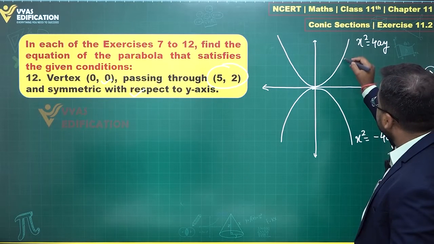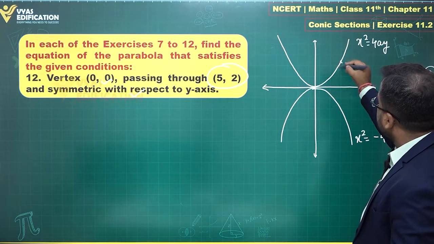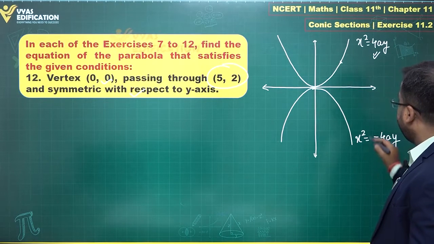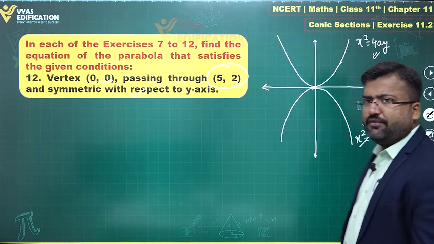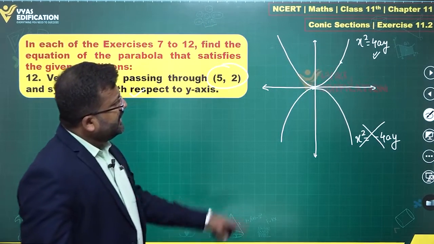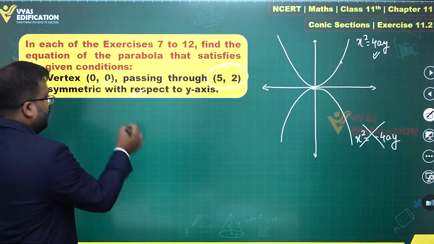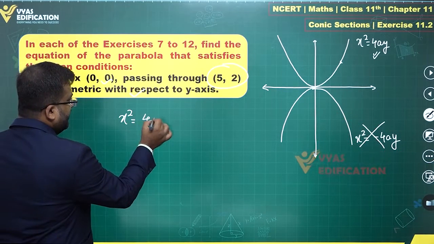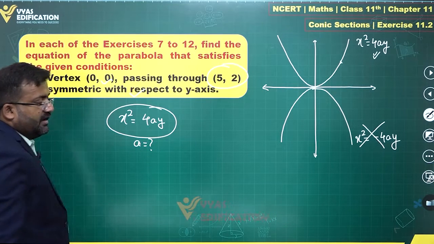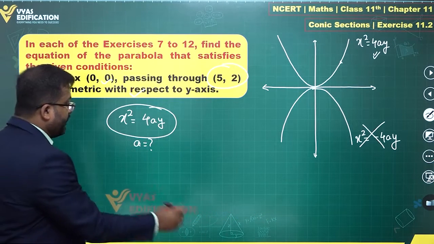If the parabola passes through this point (5, 2), you can say that this will be the correct equation, and this will not be the correct form. In that equation, the only thing that is unknown is a. And for finding a, we are given that particular point, yes.